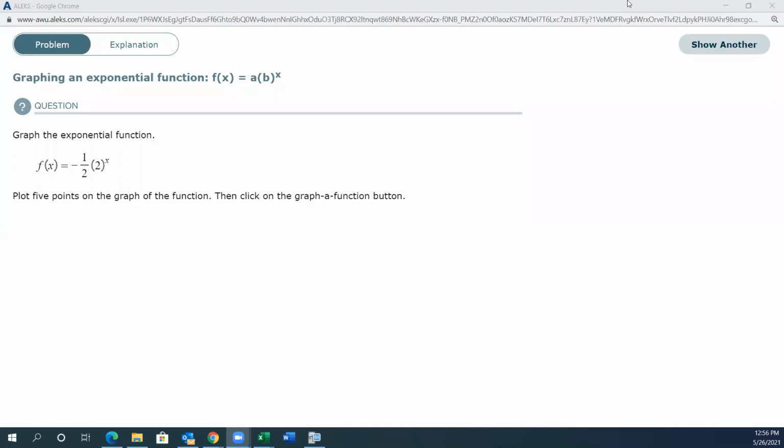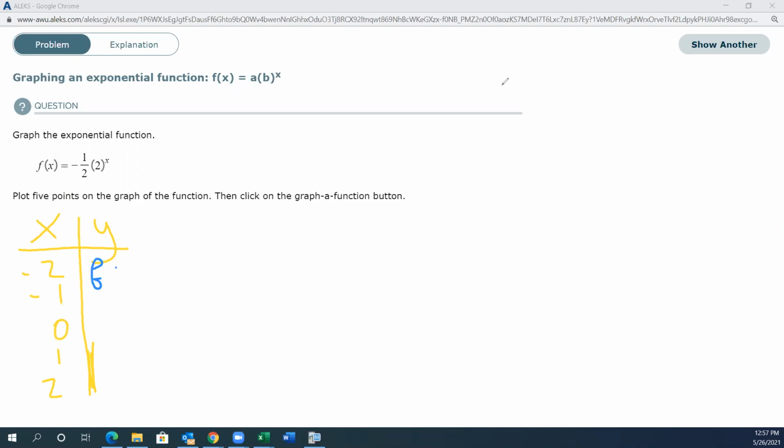Okay, so for this one, we're going to graph it by just plotting 5 points. You can get them off the table on the calculator, or you can just say, well, let's go -2, -1, 0, 1, 2, or something like that. That's just kind of what I usually pick. Let's pick a different color. That's hard to see.